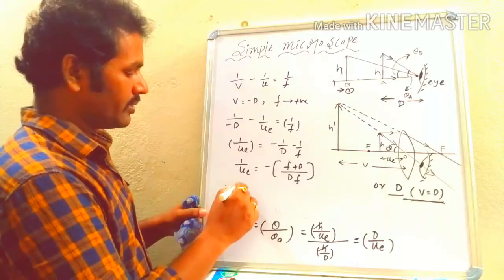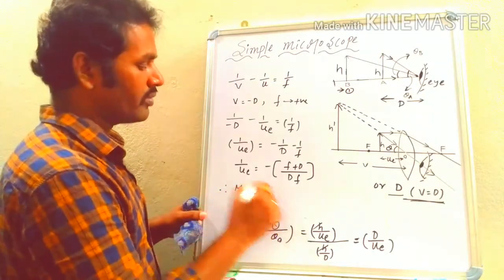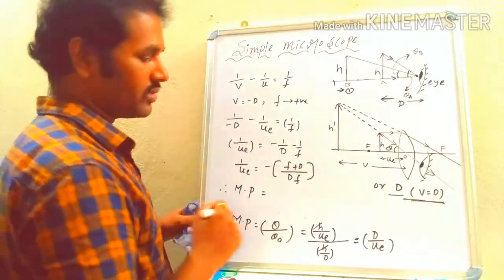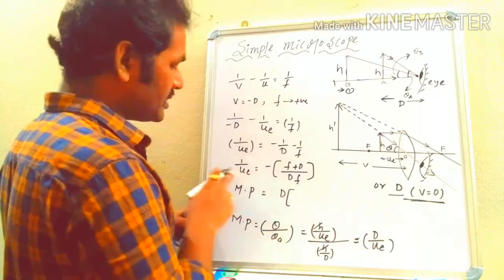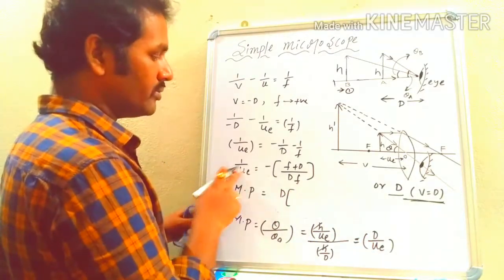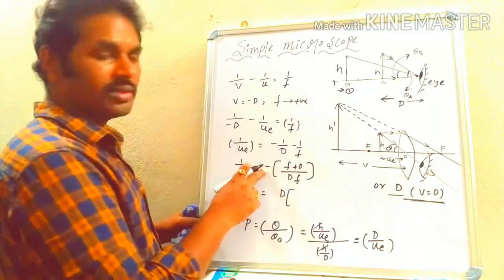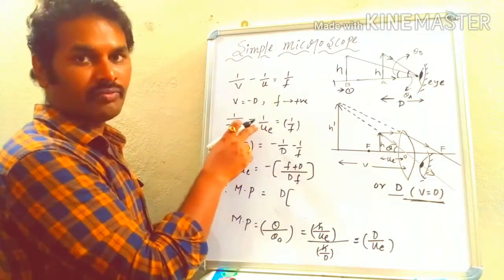Therefore, the angular magnification or magnifying power of the convex lens is equal to d into 1 by ue. You can replace 1 by u directly, and don't take the negative sign here because we are not taking the sign with u.